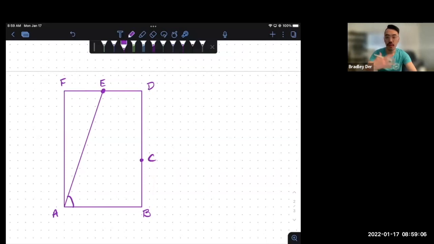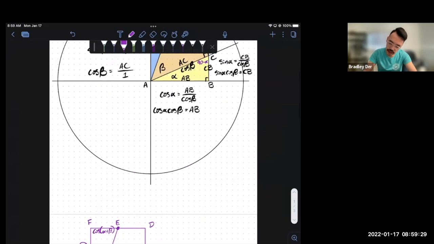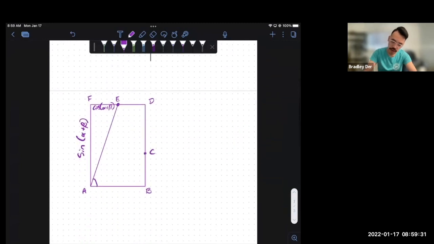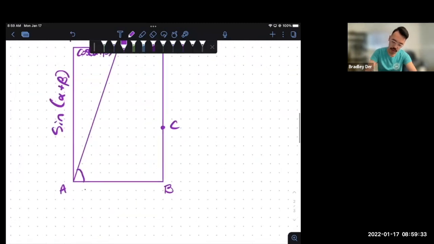And if I were just to pull all of those lengths from that upper diagram down to here, what we had found, right, was that we had sine of alpha plus beta, cosine of alpha plus beta. Right, this AB, I'm just going to peek at that. AB we said was cosine alpha, cosine beta. Cool.